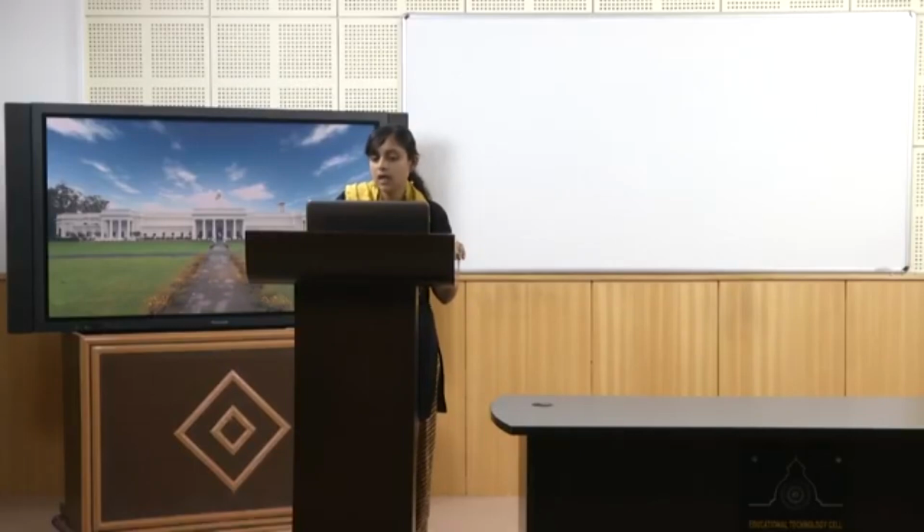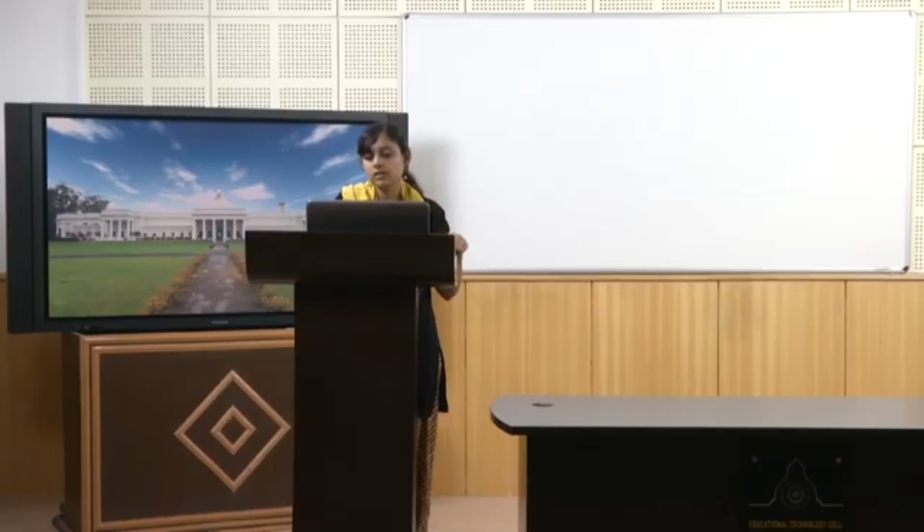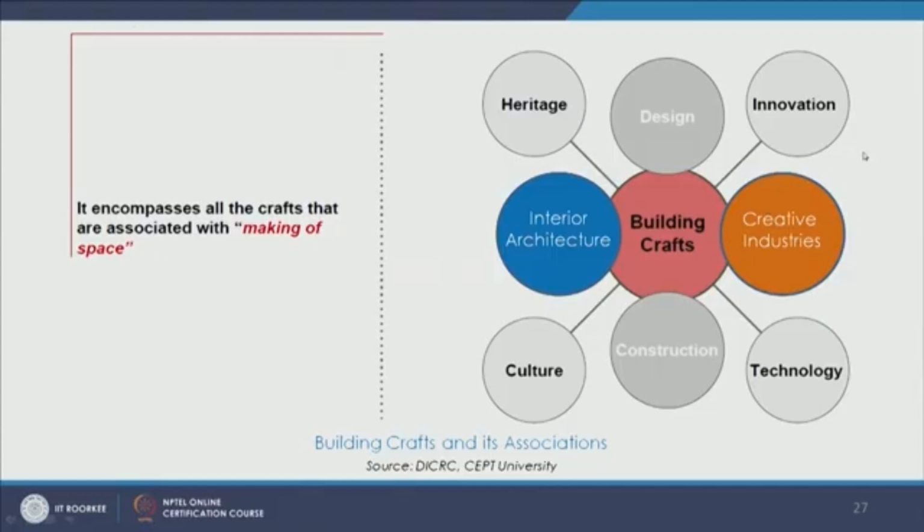So we see building crafts, and we talk about its varied associations, and for us the prime importance is building crafts, interior architecture, creative industries and these associations, and how the building crafts contribute to creating and enhancing interior architecture, and how all the creative and cultural industries could plug into this larger sector of building crafts, which can result in the creation of interesting interior architecture through different space making elements.